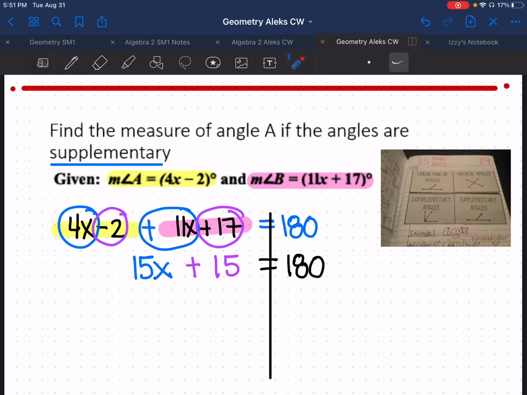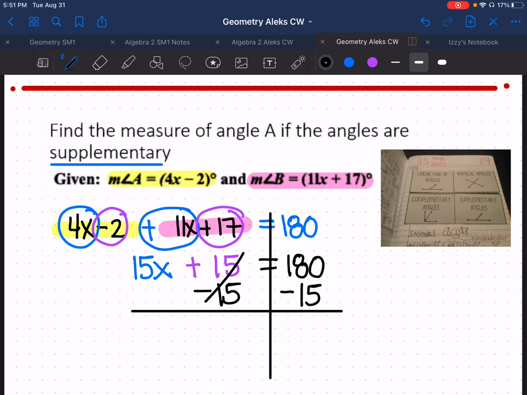All right, I have my x alone on one side. So I'm going to start by getting rid of my add or subtract. I see add. I'm going to do its opposite, which is subtract. Bring down my 15x. 180 minus 15 is 165.